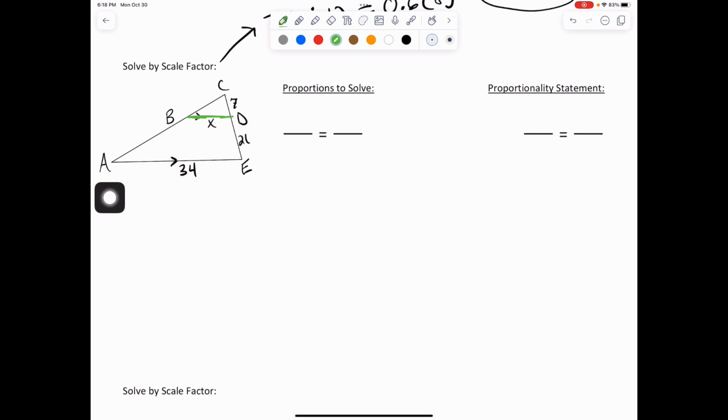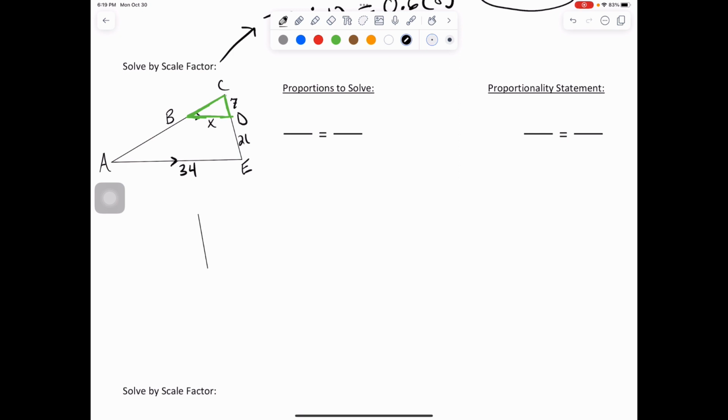Just so we can see this a little more clearly, we're going to color in the tip of the iceberg here in green. And we still need to solve for x. The best way that I can describe this is to draw just a couple of triangles that mimic this.